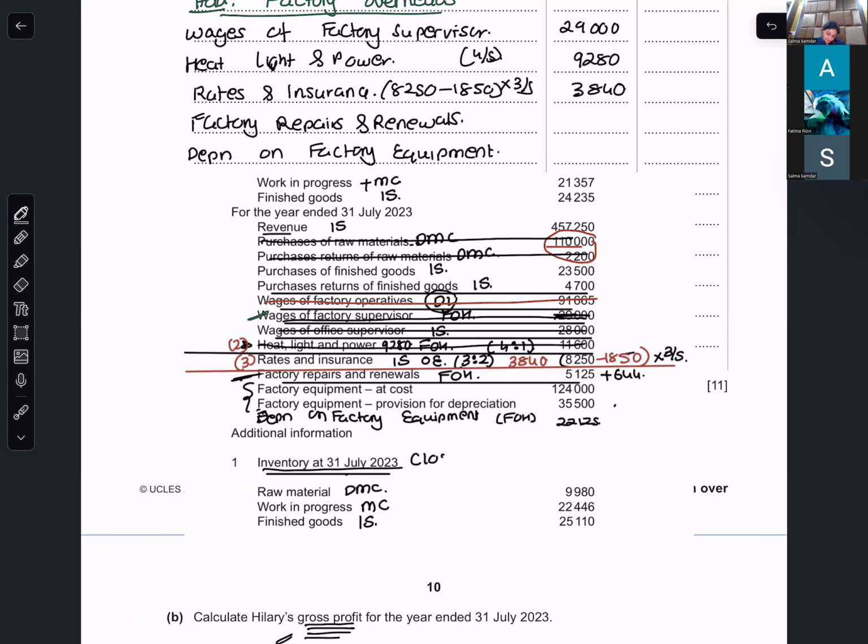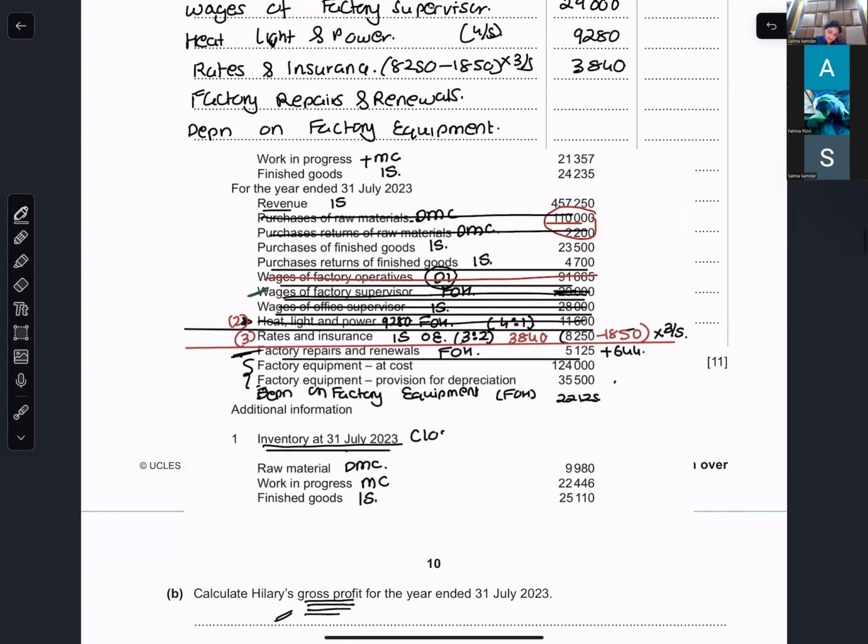Miss, do we need to write this in the brackets, the calculation? Yes. Okay. Then we did factory repairs and renewals. This is 5,125 plus 644. So this is 5,769.